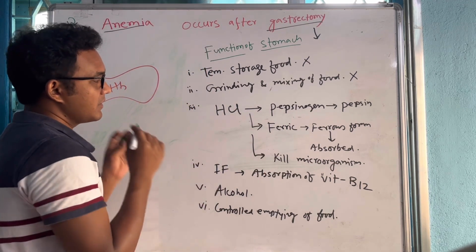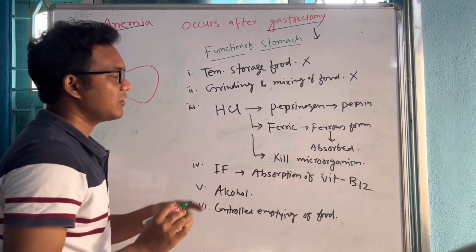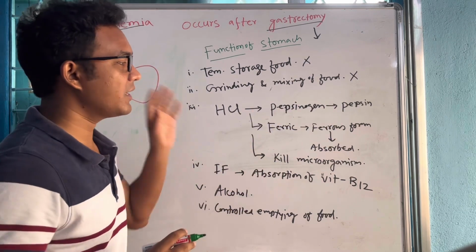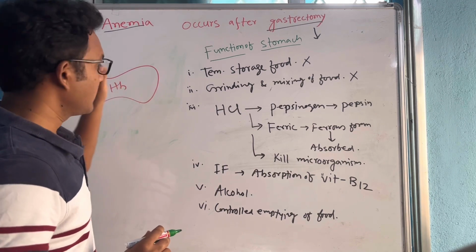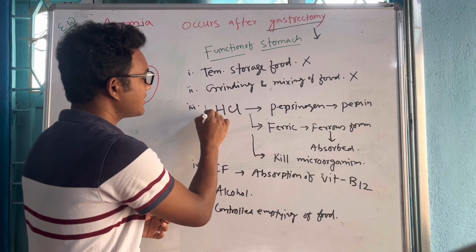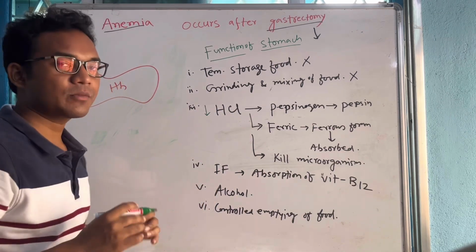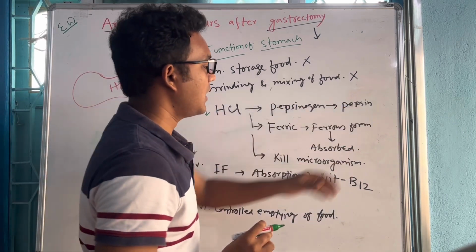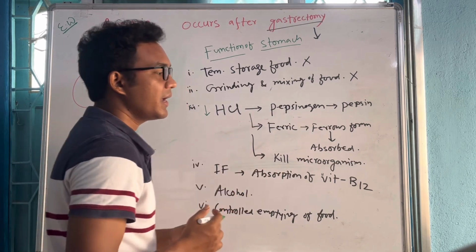How? Decreased HCl secretion means decreased conversion of ferric to ferrous form, and ferrous form is absorbed, and you know that iron is essential for the formation of hemoglobin. So if there is less HCl secretion due to gastrectomy or partial gastrectomy, it leads to decreased ferrous form and decreased iron absorption. So it can lead to anemia.